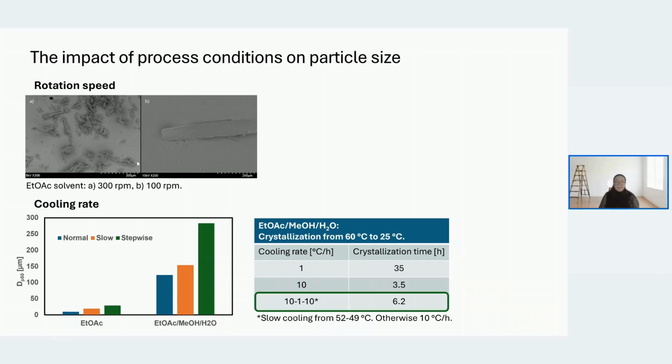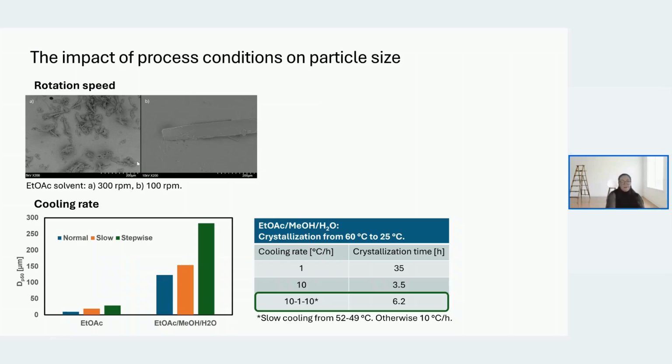And then this stepwise method: otherwise we used 10 centigrade cooling, but close to this nucleation point, and for instance now with this ternary solvent system through this first and second step crystallization, we used slower cooling so that there was enough time to really observe what is happening and let good enough time for the system to run.